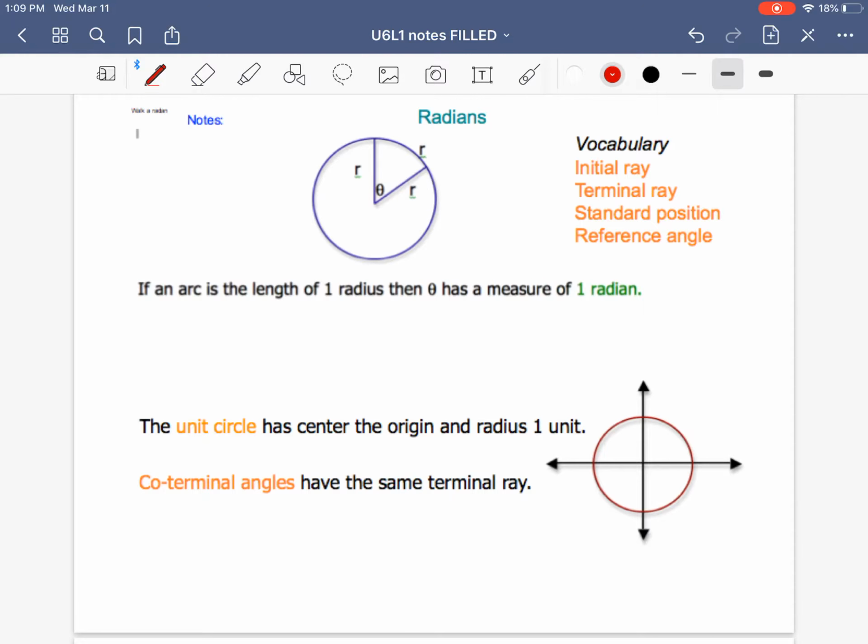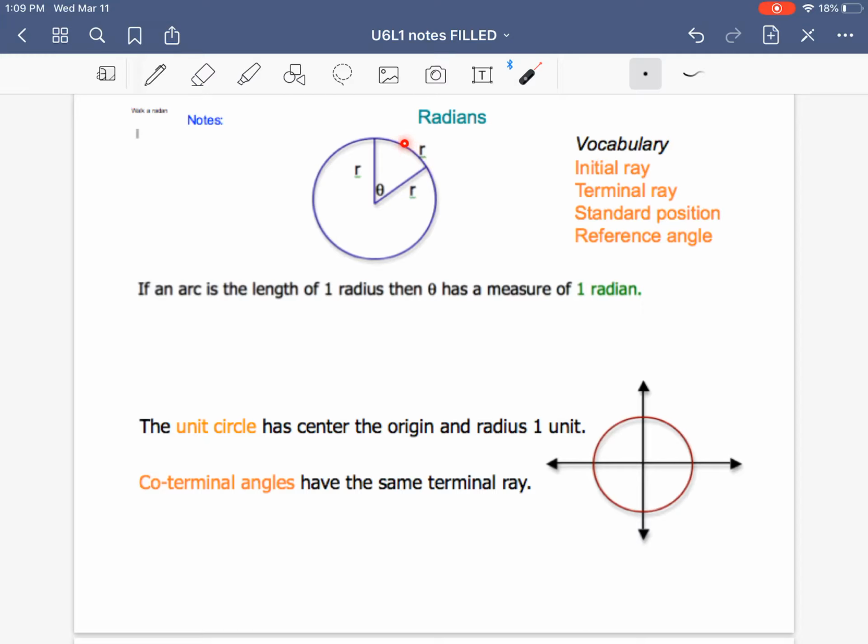All right, radians. So radians, you have this sentence here that says if an arc is a length of 1 radius, then theta, our angle, has a measure of 1 radian. So what that's really saying is, if you look at this picture, this is some general circle. There's a radius here, a radius here.